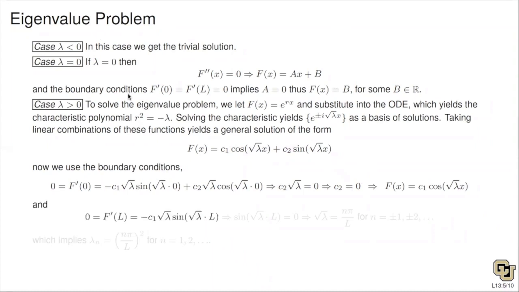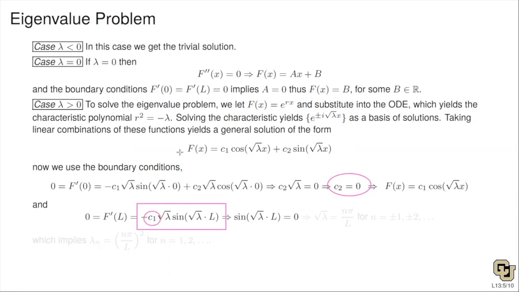And apply the other boundary condition. Again, we take the derivative, the cosine becomes a sine, plug in capital L for the variable, and set it equal to 0. Here's one thing I didn't really explain before. Why do I not say C1 can be 0? Well, we know C2 is 0.